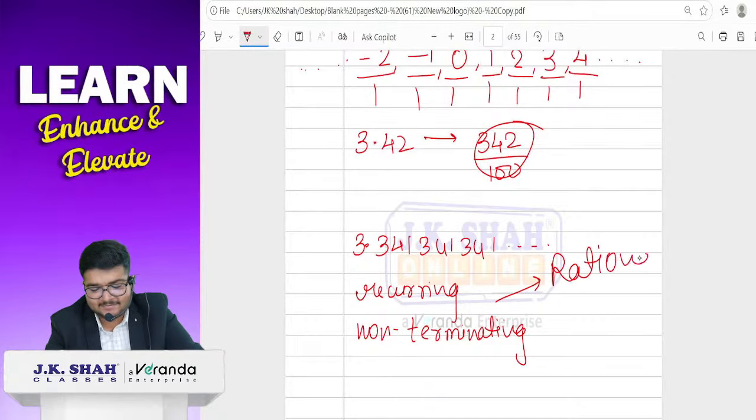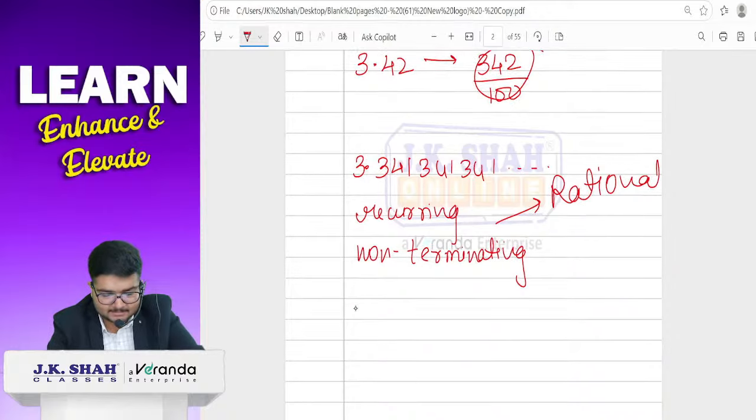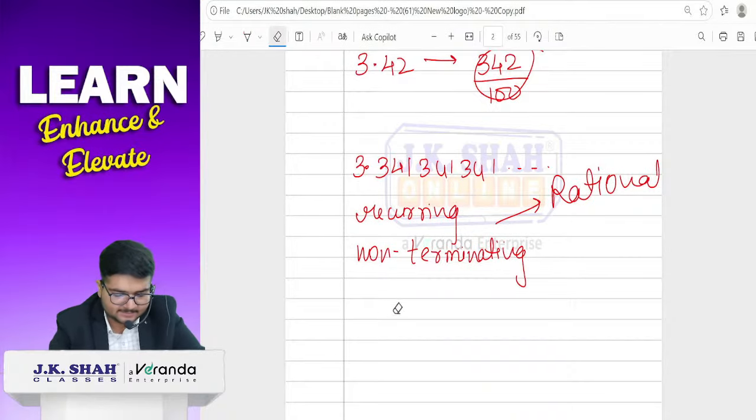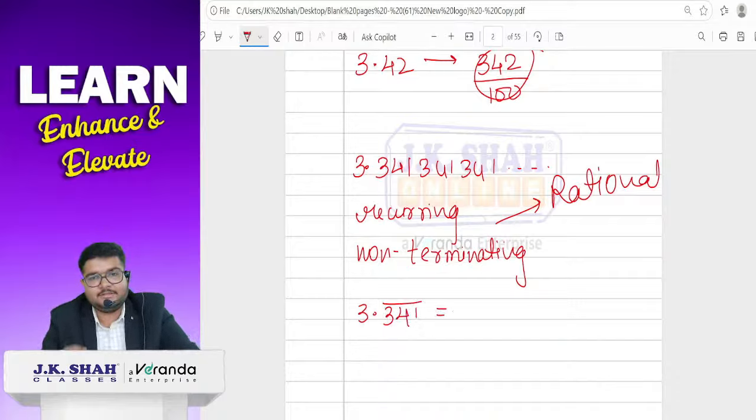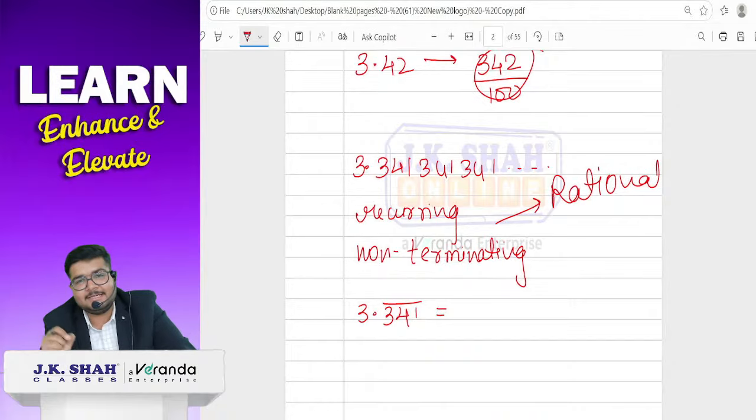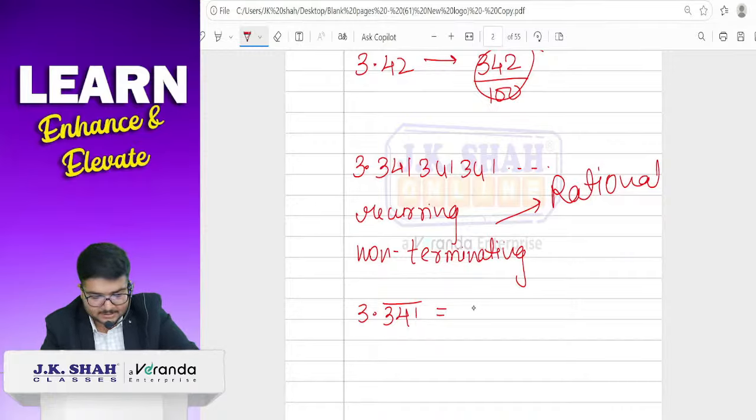Why, sir? Can we represent this number in fraction form? Yes, you can represent this number in fraction form. I'll show you, and after some time I am going to teach you also that this number, 3.341341, can be represented in fraction form. For example, the answer for this number will be 3338 upon 999.